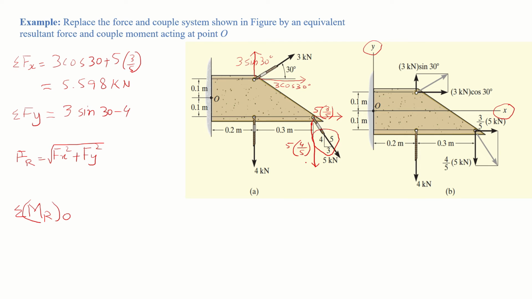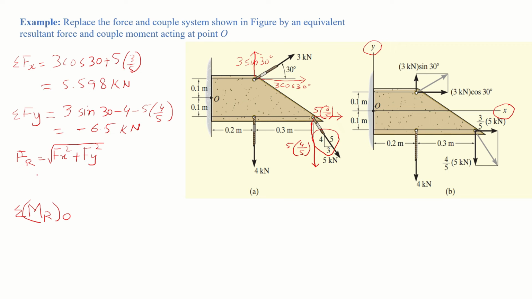The third one is also negative, so it is negative 5 multiplied by 4 by 5, and the result is negative 6.5 kilonewton. So now we have summed up the x and y components.